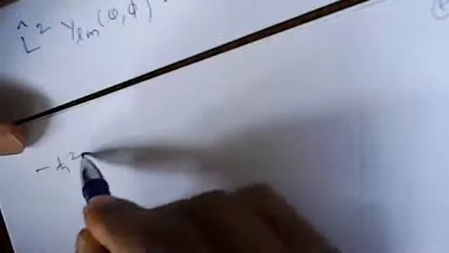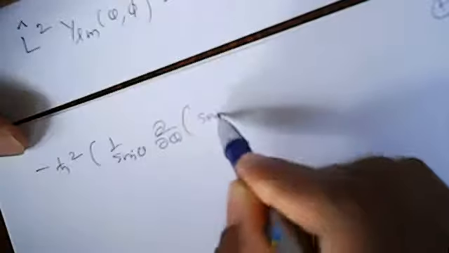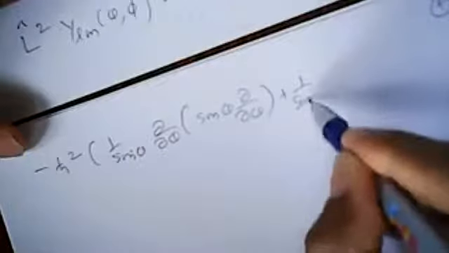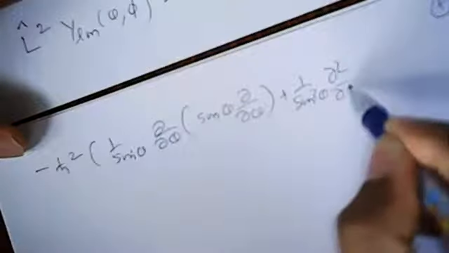L square is minus h cross square, 1 by sin theta dou by dou theta of sin theta dou by dou theta, plus 1 by sin square theta dou square by dou phi square.